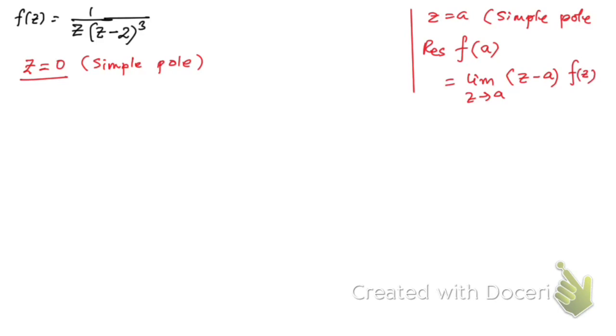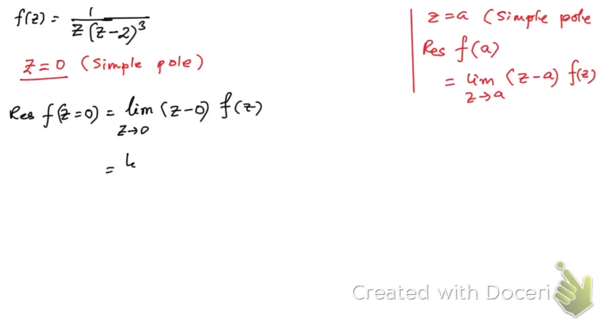So here you see, the residue of this function f of z at z is equal to 0 is going to be equal to the limit z tends to 0 of (z minus 0) into f of z, right? Here z minus 0 means simply z, and f of z is nothing but 1 by z into (z minus 2) whole to the power 3.